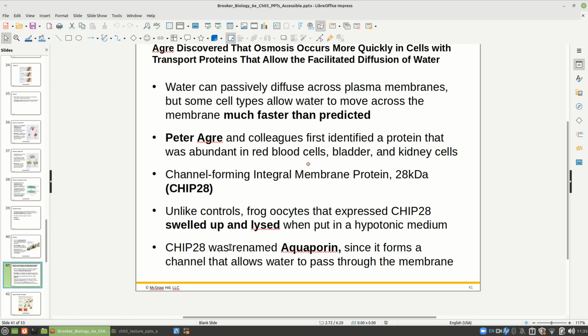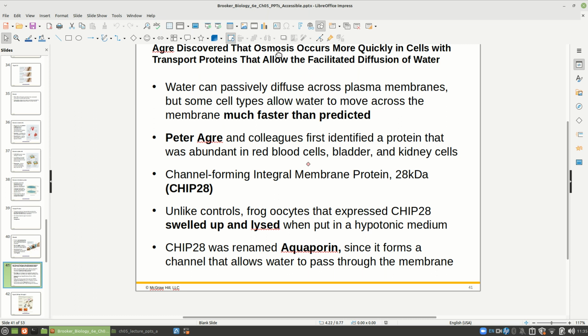You need to read this. An aquaporin is exactly what it sounds like. It's a pore that lets water move through it. You need to know the term lysed. You need to know what hypotonic, hypertonic, and isotonic mean. You need to know what an integral membrane protein is.